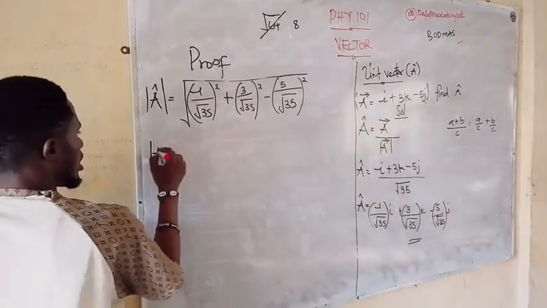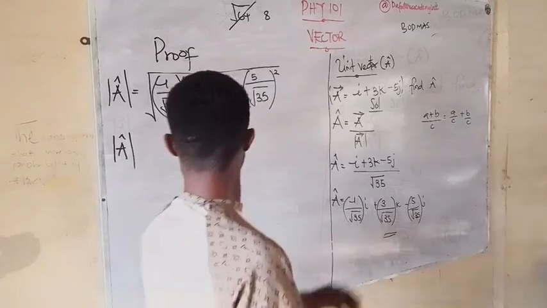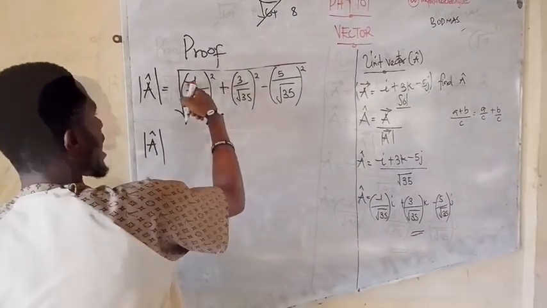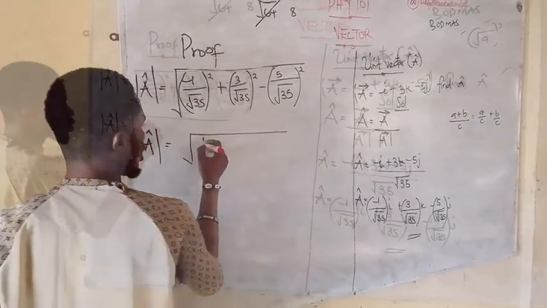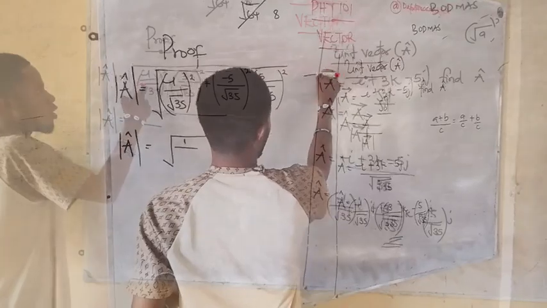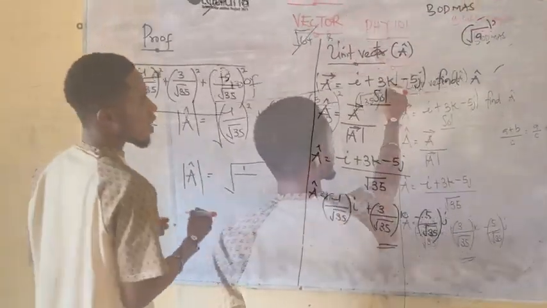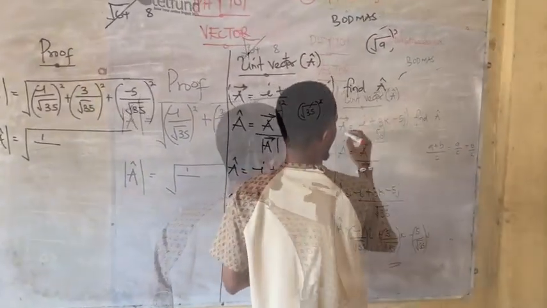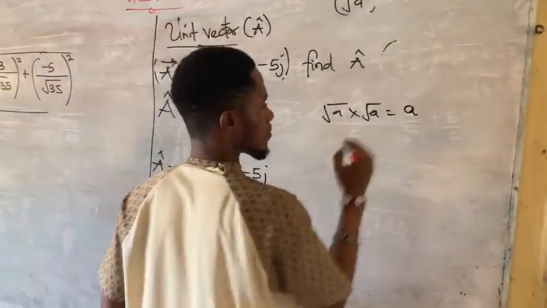Alright, so from here I have that the unit vector of A is equal to root of minus 1 squared, which gives us 1, all over root of 35 squared, which gives us 35. How? I said that root A times A is the same thing as A. Why?